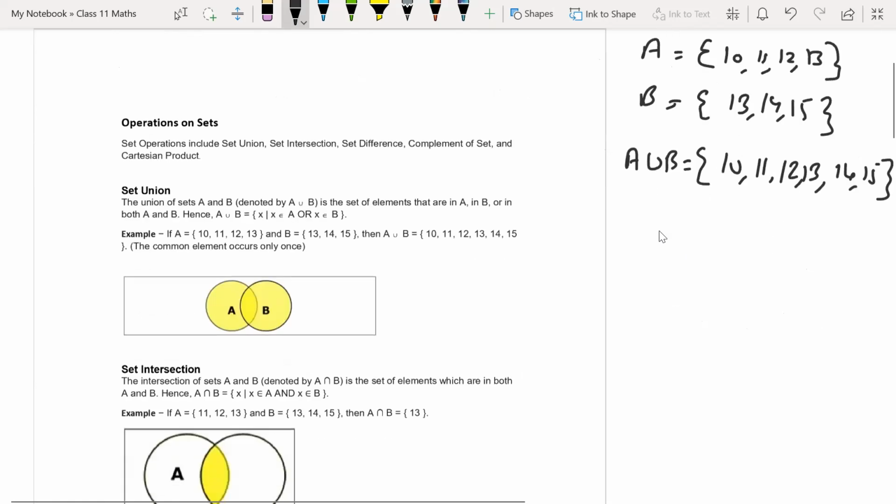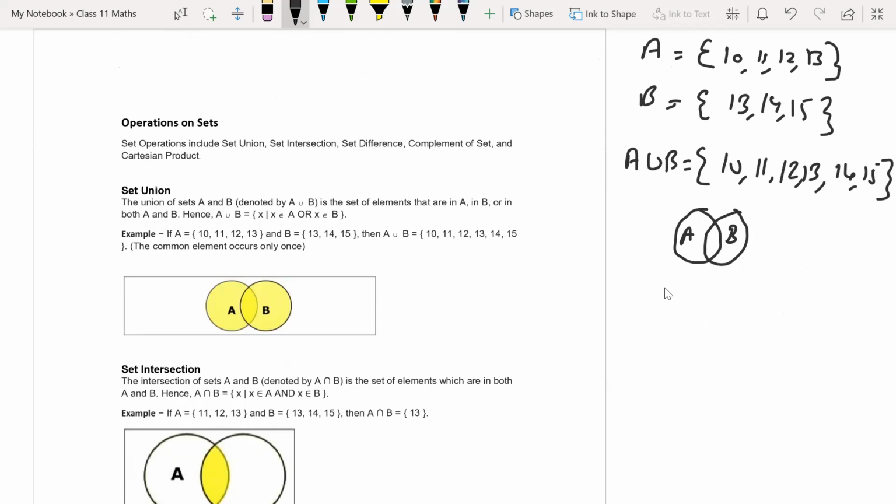With the help of a diagram, we can show it like this: the A set, the B set, and the common elements occur only once. I hope you understand set union.